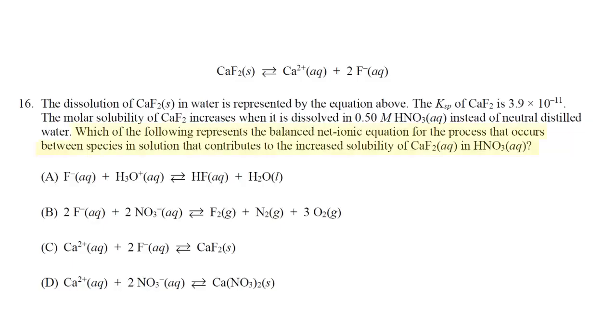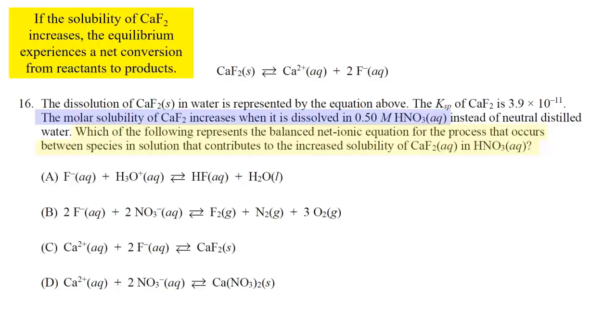So here's the question. Which of the following represents the balanced net ionic equation for the process that occurs between species in solution that contributes to the increased solubility of calcium fluoride in nitric acid? So we are already told that the molar solubility of calcium fluoride is affected by the presence of the strong acid. It increases the solubility.